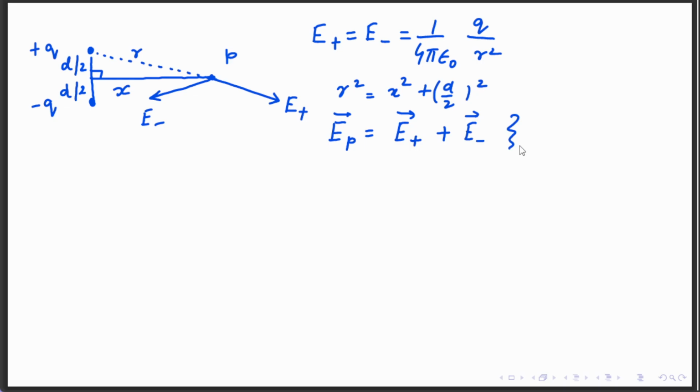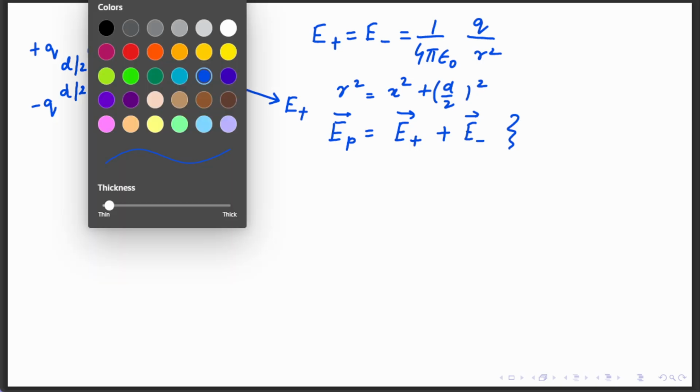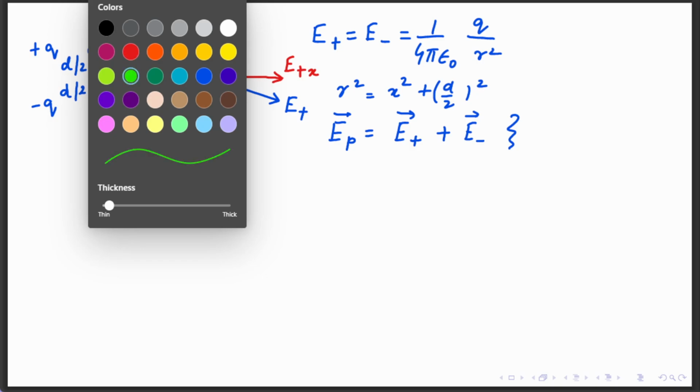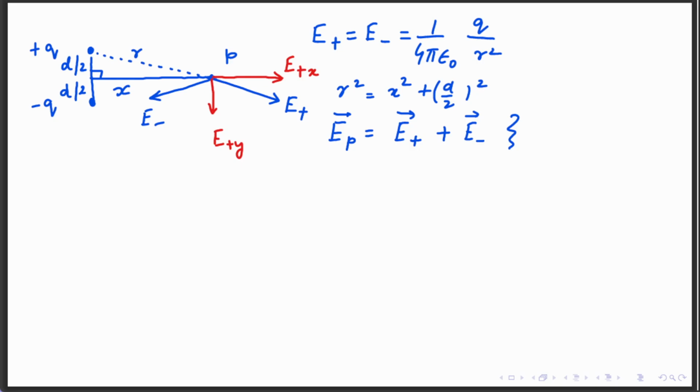Now this vector addition can be simplified further. How do we do that? Let us resolve E plus into two components. One is the horizontal component. Let us call it E plus along x direction, and then another one along y direction. So let's call it E plus y. Similarly, we can resolve the E minus vector into horizontal and vertical components.